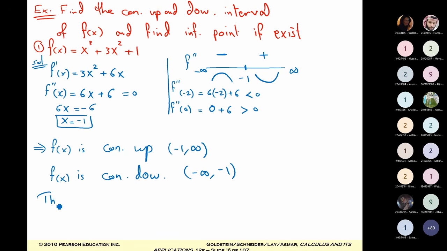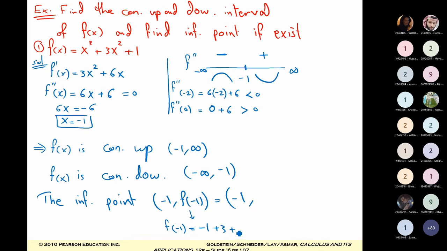The inflection point is negative 1 and f of negative 1. From the given f of x in the example, we have negative 1 plus 3 plus 1. So we have 3. So this is the inflection point: negative 1 and 3. Any question?